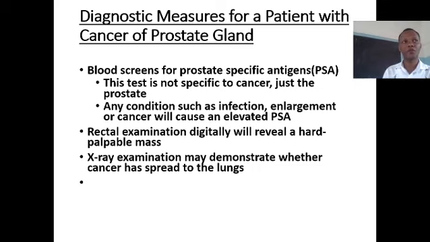It is specific to the prostate. Any condition such as infection or enlargement, as well as cancer, will cause elevation of the PSA. So you cannot be sure that this is cancer of the prostate. It is not a confirmatory test.